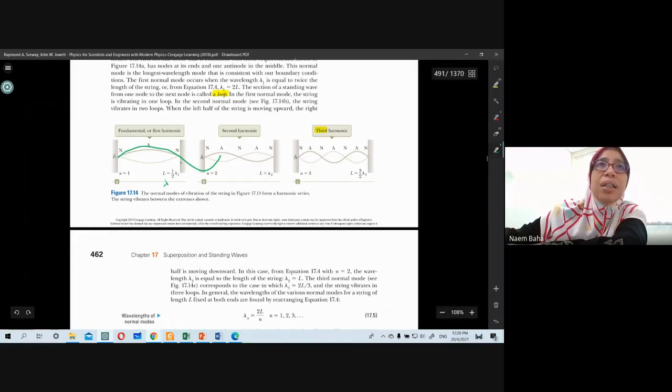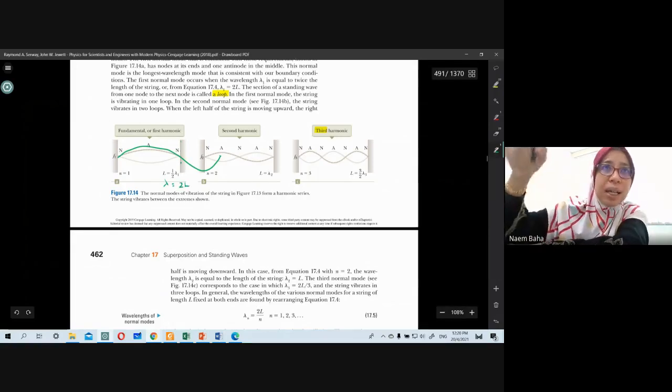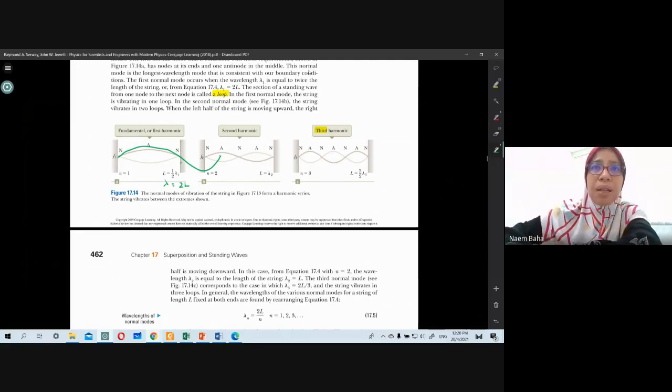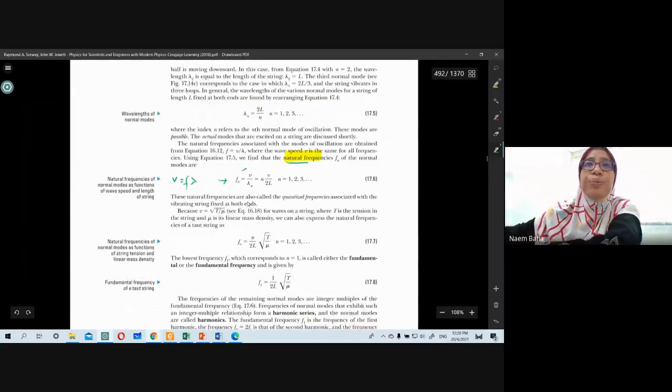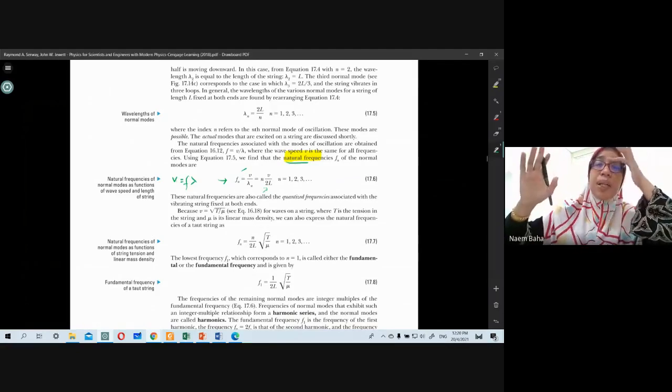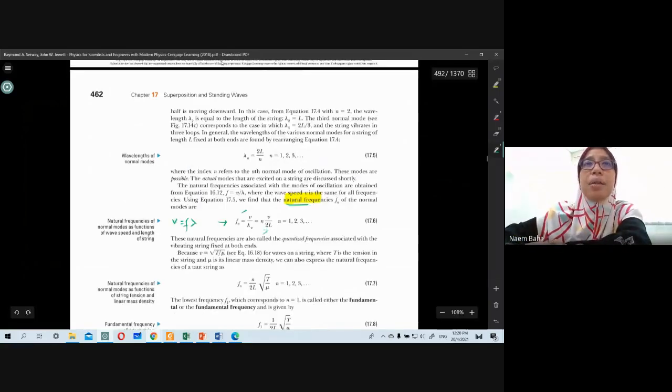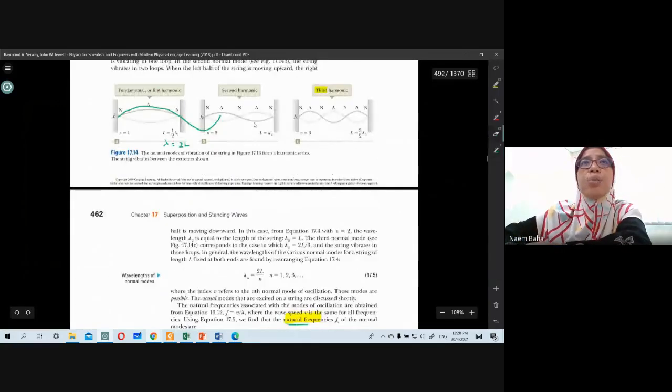So therefore, a lambda is equivalent to 2 lengths, twice the length of the string, for the first harmonic. So they substitute 2L into here. Let me show you how to get the expression. For this one, it's quite simple, so I can show you.